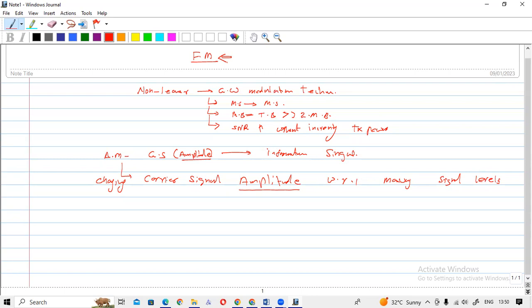And in PM, phase modulation, we are changing the carrier signal phase with respect to the message signal level. And in FM, we are changing the carrier signal frequency with respect to the message signal level. So that is FM.